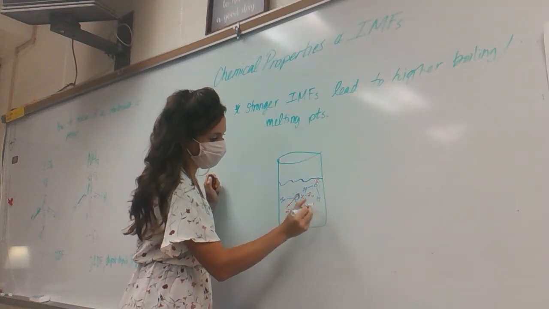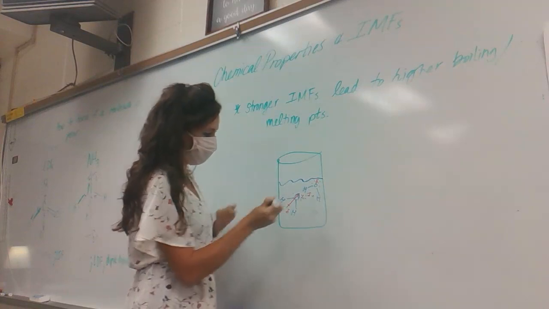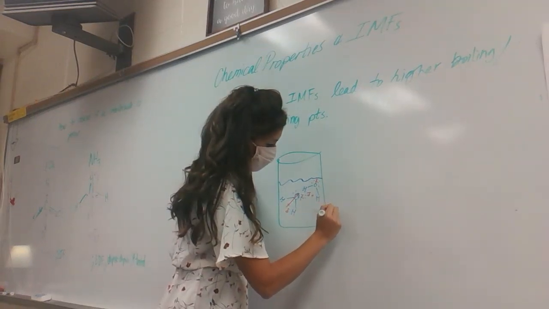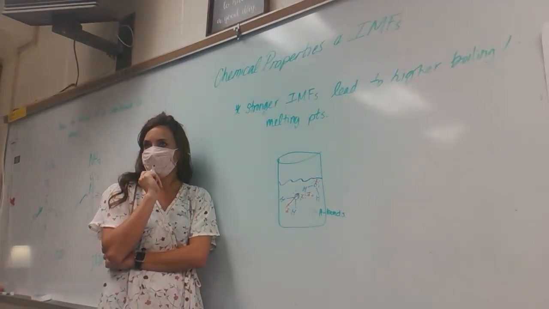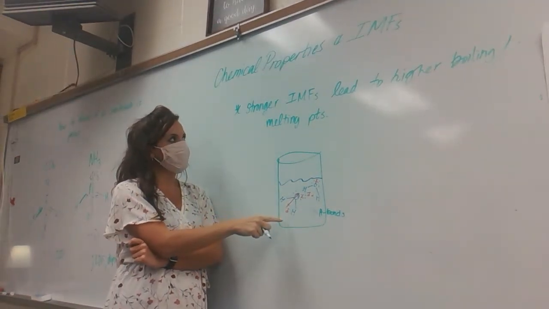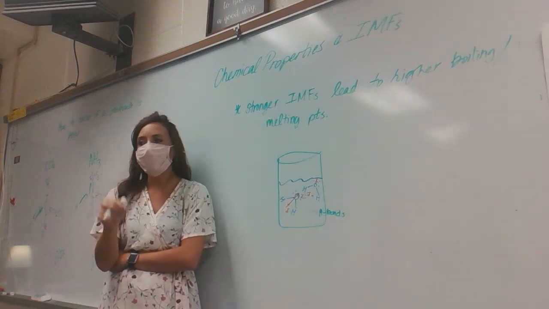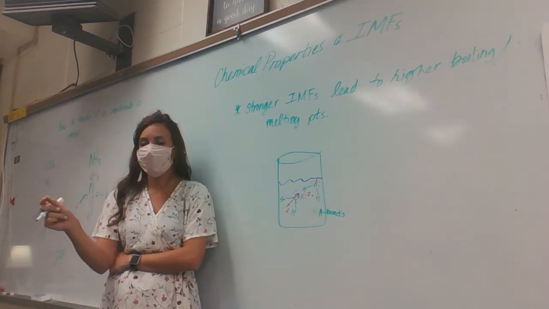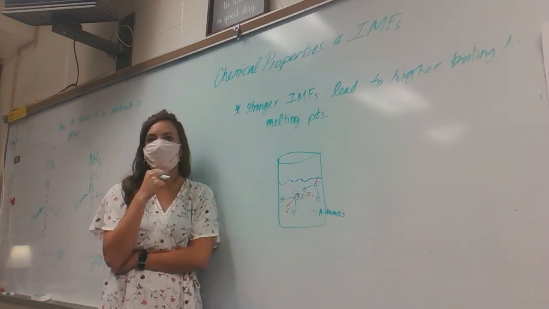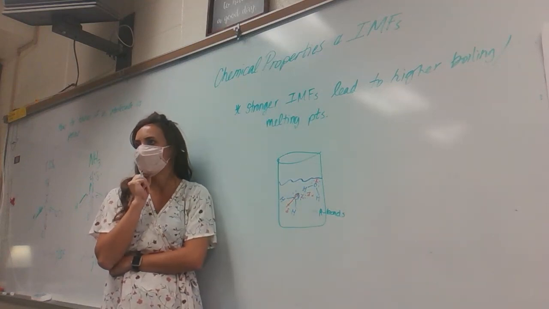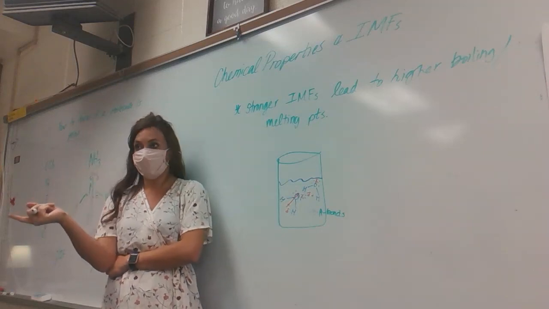The strongest of those three being hydrogen bonds. If I have liquid water and I want to boil it, the amount of energy it's going to take to boil it is directly related to the strength of that hydrogen bond. Stronger bond, higher melting or boiling point.